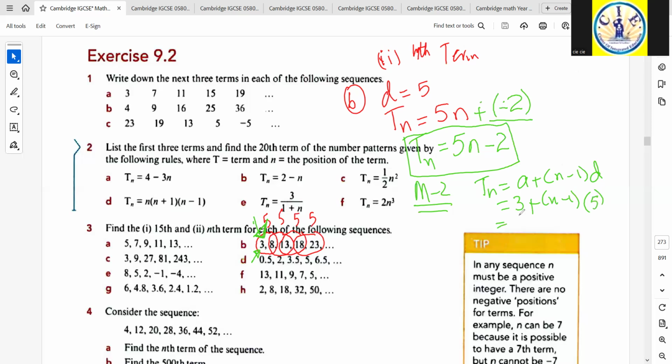Now simplifying it, 3 plus 5n minus 5, which will give us 5n, and 3 plus negative 5, that is negative 2. So this is the nth term as before, 5n minus 2.